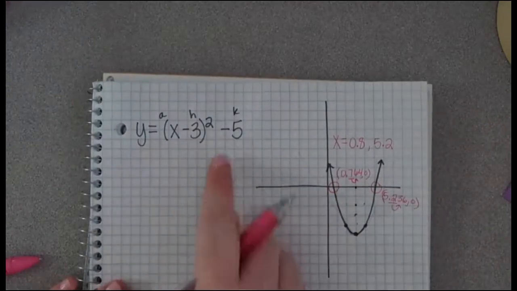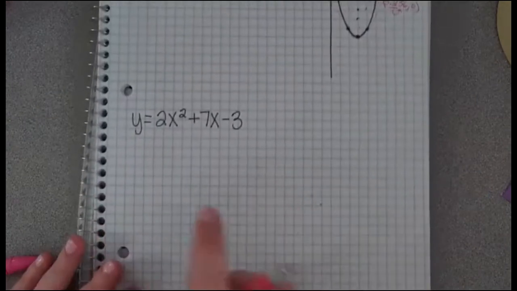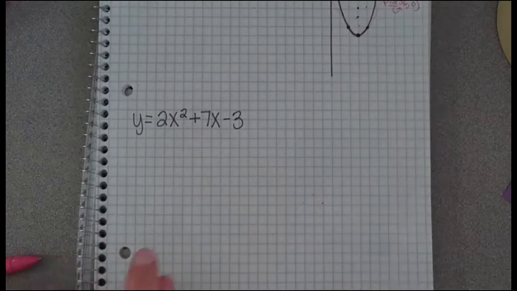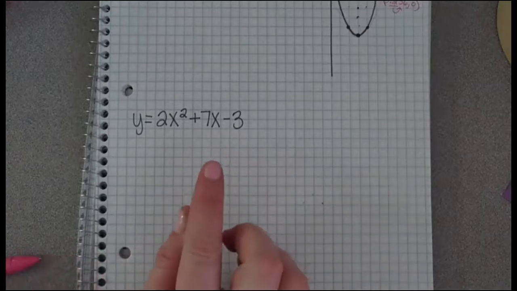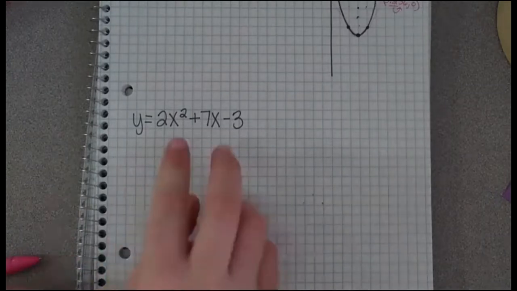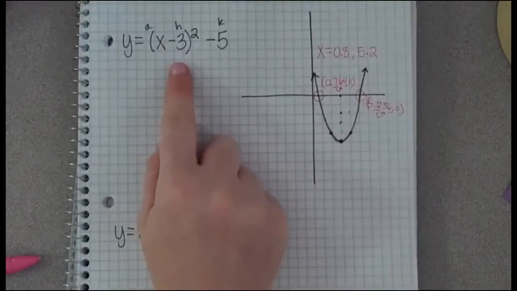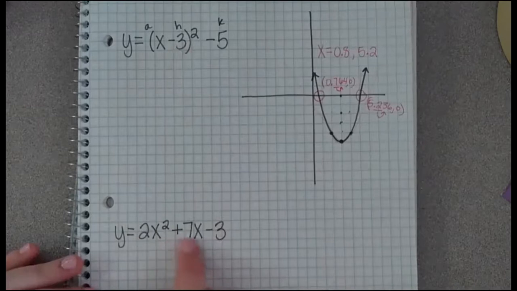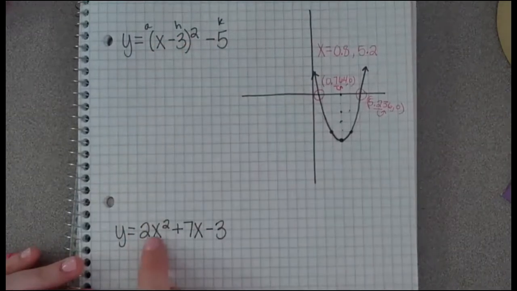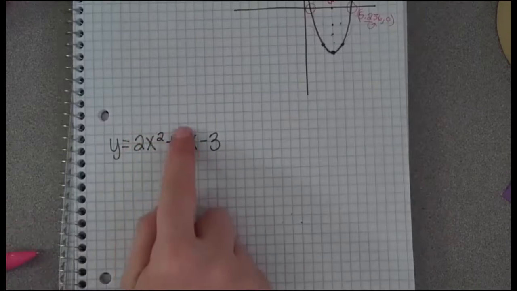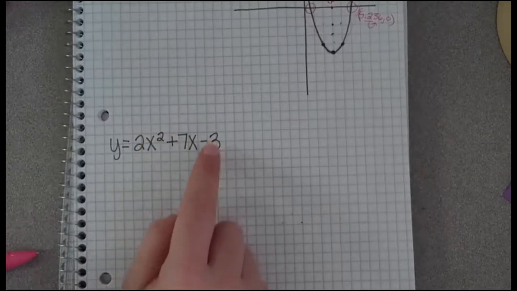Now, this is in transformation form. So if we look at this equation, we don't know how to graph this one because we haven't worked on converting from this form to this form. So this is called standard form because it's written with the x squared, then the x, and then the constant.